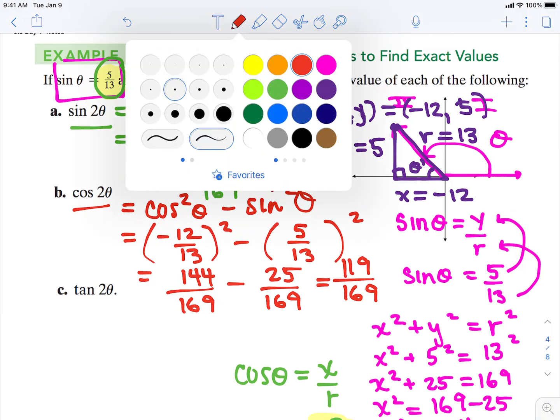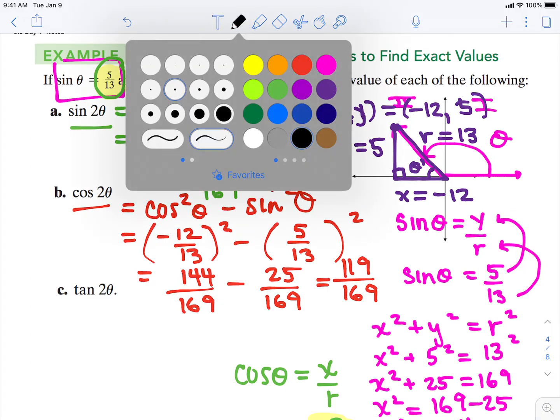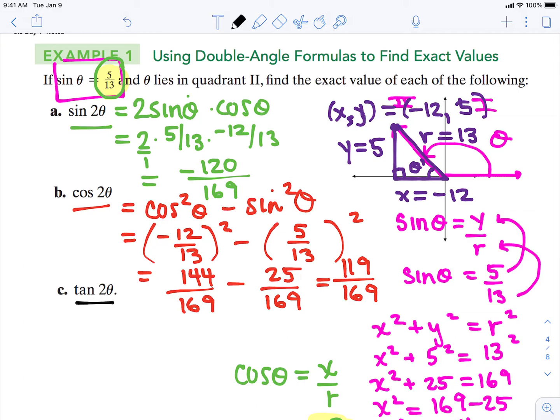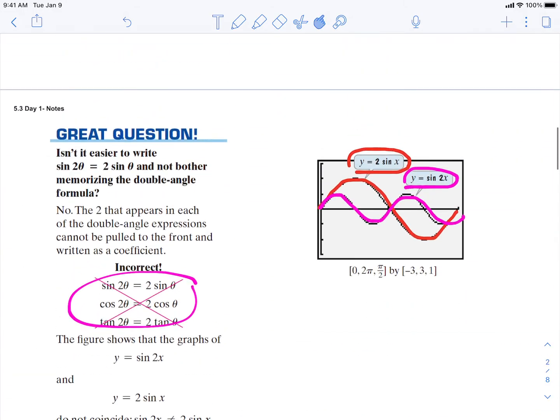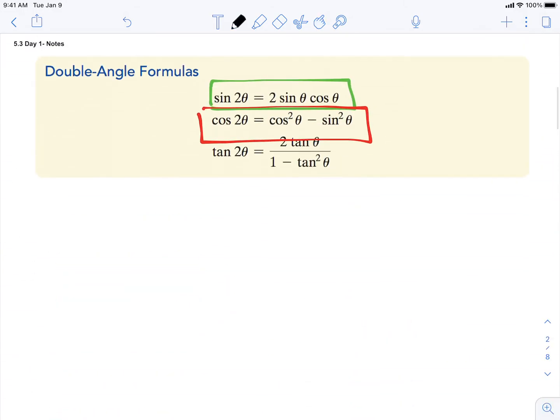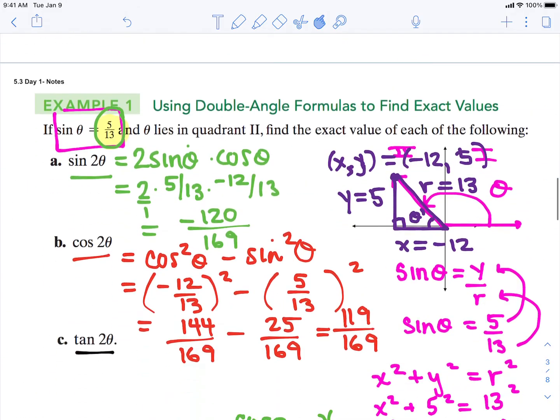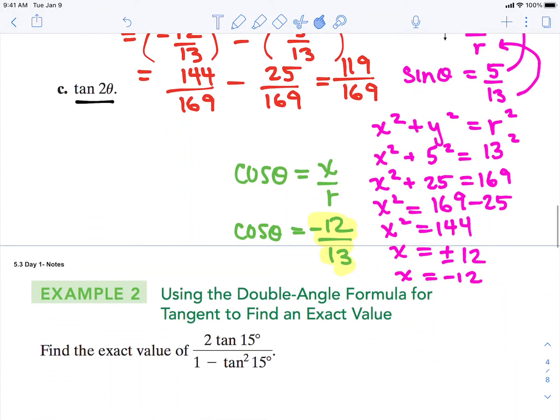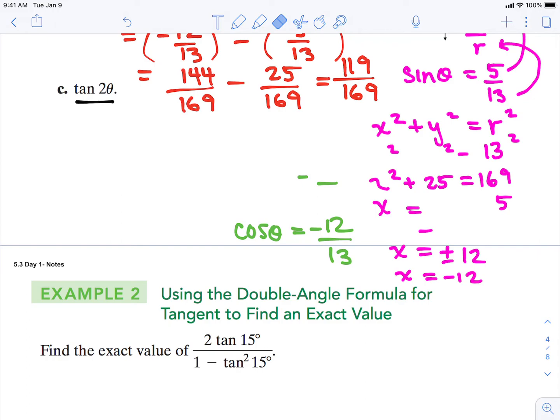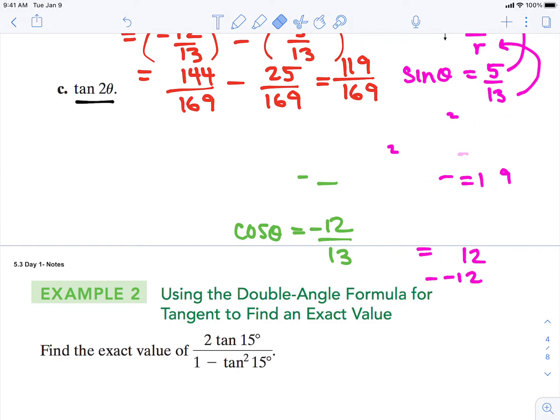All right, last one. The tangent of 2 theta. So we go up and find the formula. Here's the formula. Well, we need to know who is the tangent. So we'll be doing that in just a moment. I'm running out of room here, so I'm just going to erase a little bit. I'm going to write that green part off to the right.